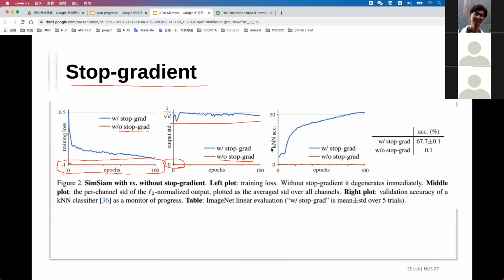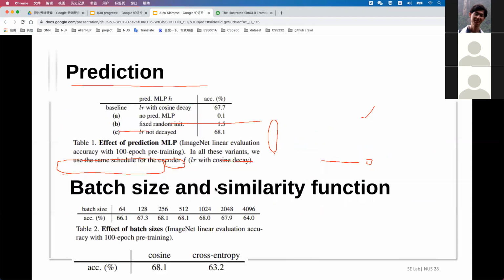And the kNN accuracy is a method to evaluate the self-supervised learning method. You can see that without the stop gradient, it is just 0, and if you use the stop gradient, it's better. So that means stop gradient is very important in this architecture. And for the prediction and the symmetric similarity function, it also does experiments.